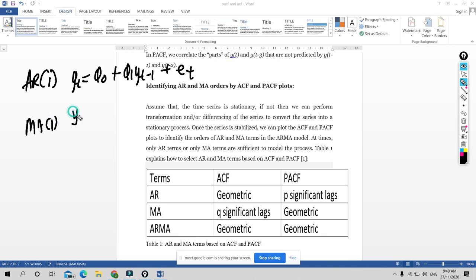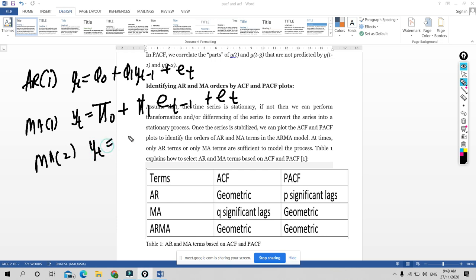So kalau ada MAQ up to Q, Y_t equal to pi naught plus pi_1 epsilon_{t-1} plus pi_2 epsilon_{t-2} plus dot dot dot plus pi_Q epsilon_{t-Q} plus epsilon_t. This is how we write the MA model and AR model. Okay.